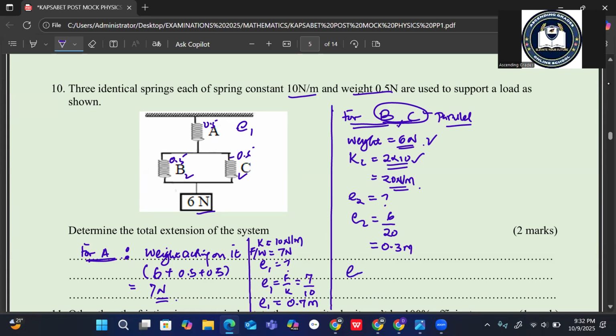So E total will be E1 plus E2, 0.7 plus 0.3, and we arrive at 1 meter. So that is how it's supposed to be. So we get 1 meter.